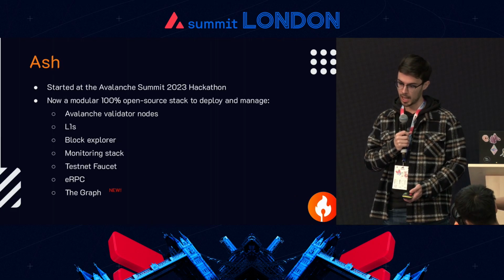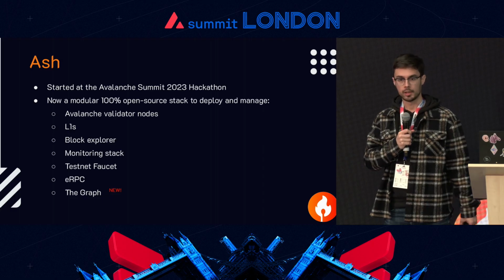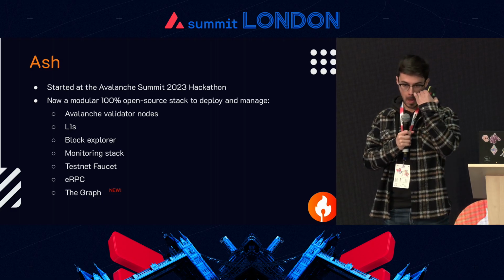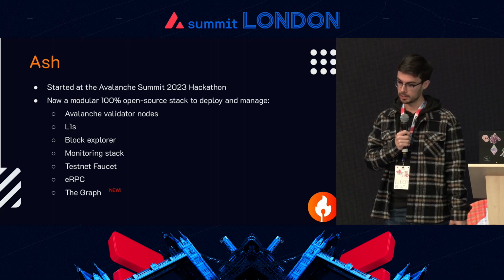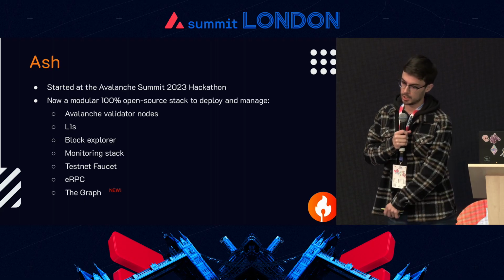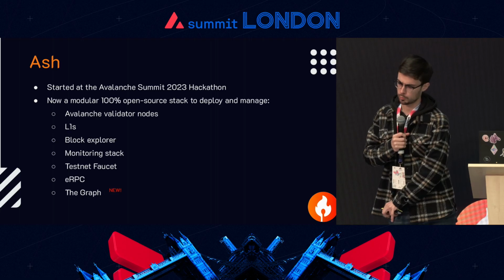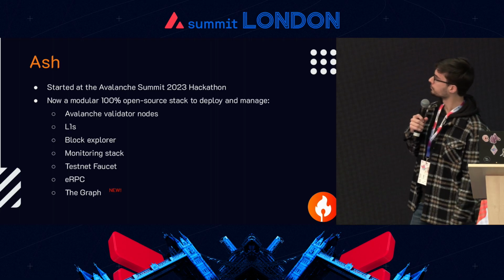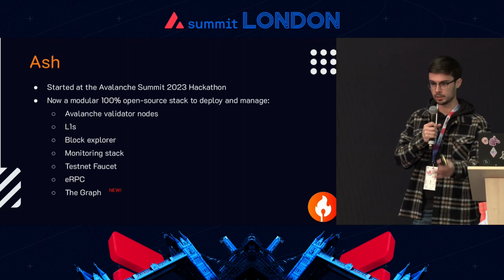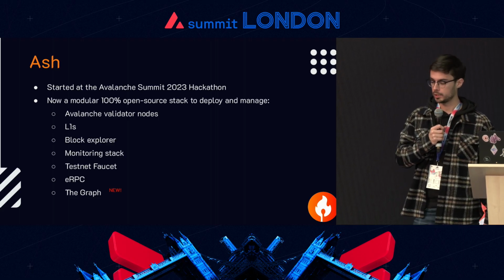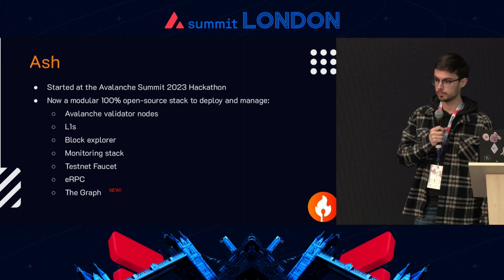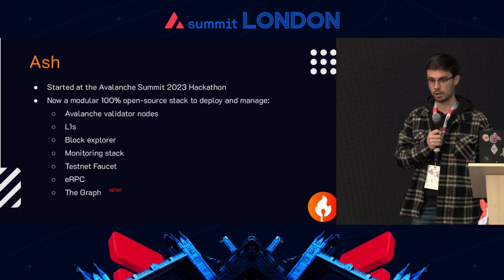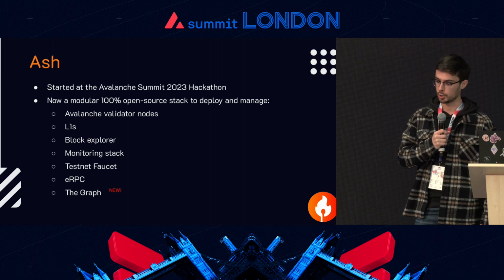So maybe a bit about Ash before. My co-founder and I started building actually in the Avalanche Summit, I think it was 2022 maybe. Before that we were building infra tooling in the Avalanche ecosystem to automate the launching of L1 blockchains.